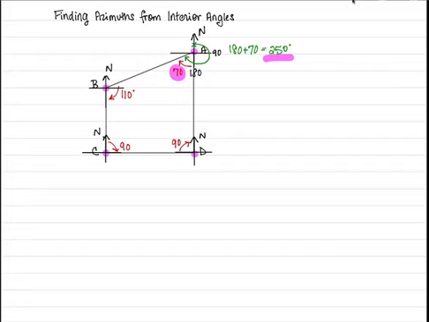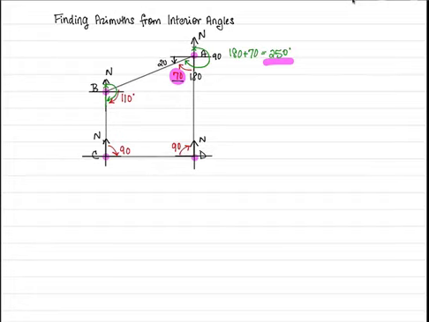The second azimuth is going to be from here all the way around to this line right there. Using some basic geometry, we know that if this is 70, then this angle must be 20, because collectively from here to here is 90.